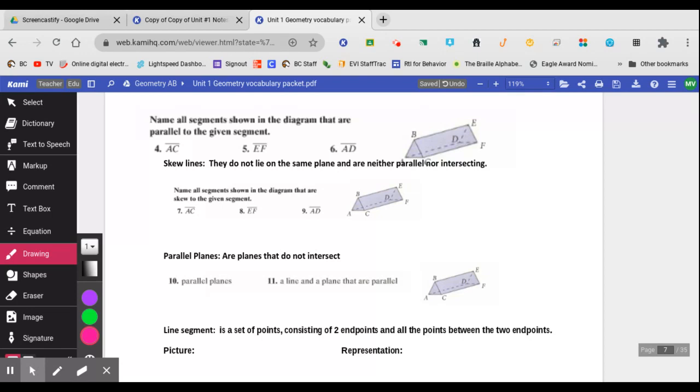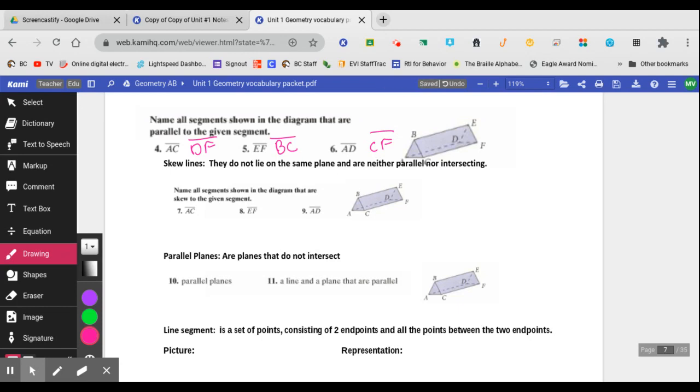Number 4, name all segments shown in the diagram that are parallel to the given segment. So that's DF. Parallel to EF would be BC. Parallel to AD is CF.